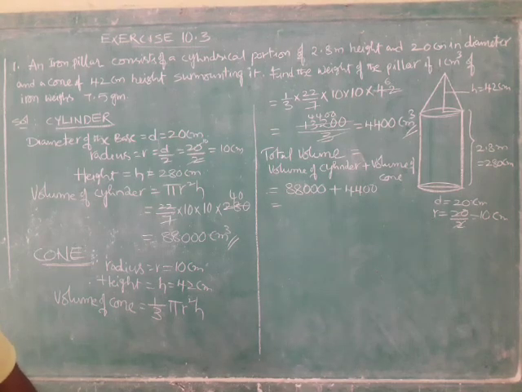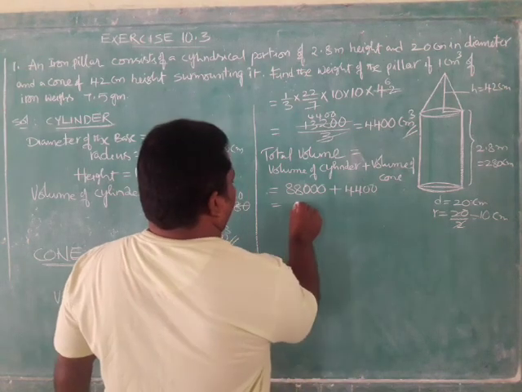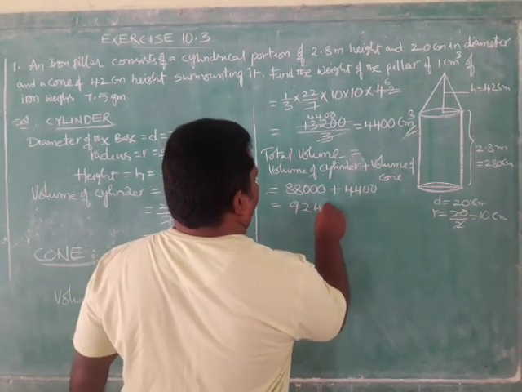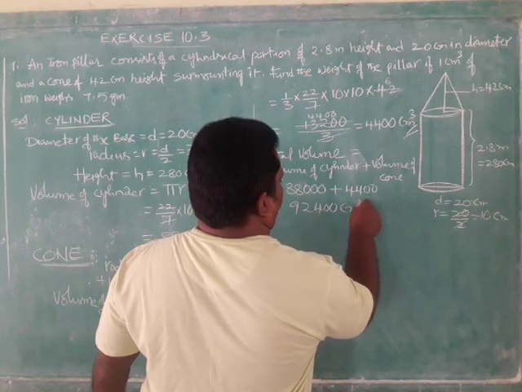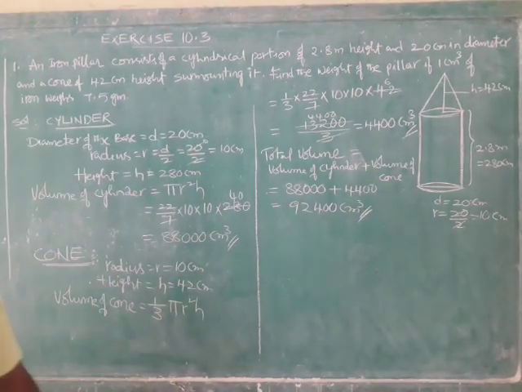Add it, how much? 92,400. 92,400 centimeter cube. That is the total volume of the pillar.